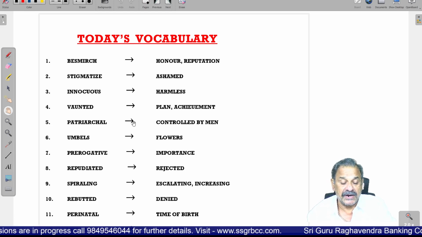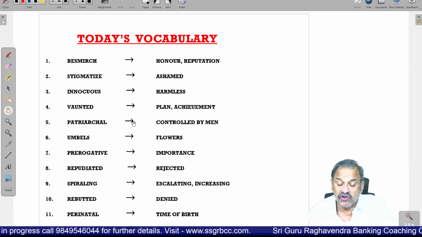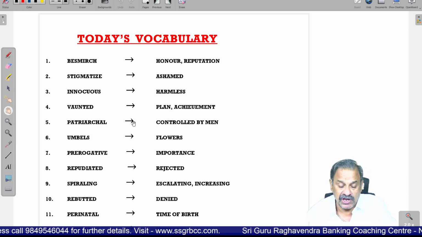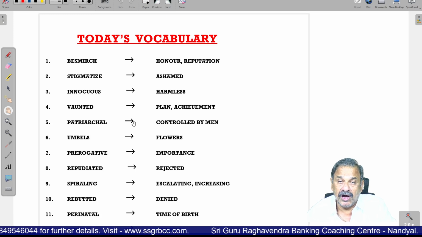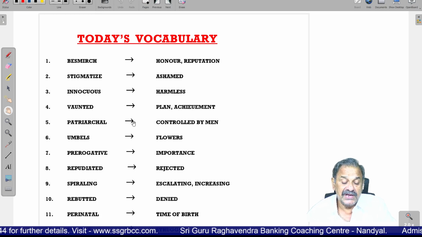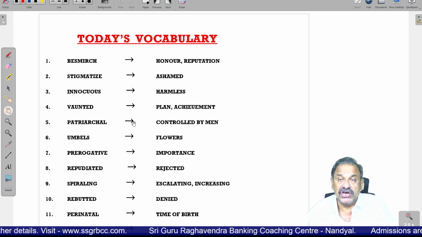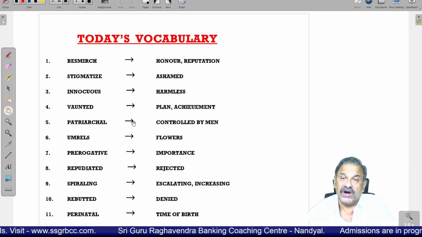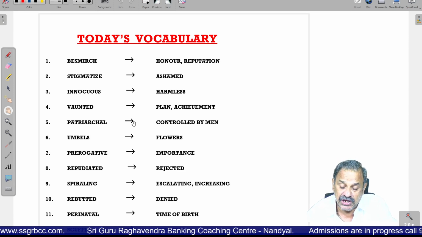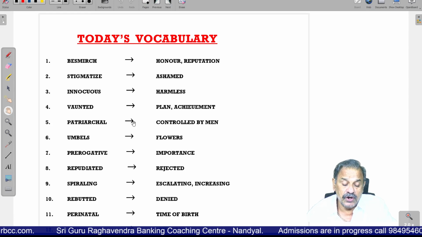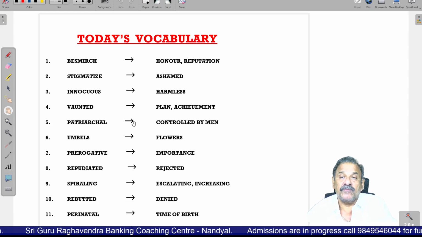Besmirch means honor, reputation. Stigmatize means ashamed. Ashamed is a word followed by the preposition of, ashamed of. Innocuous means harmless.